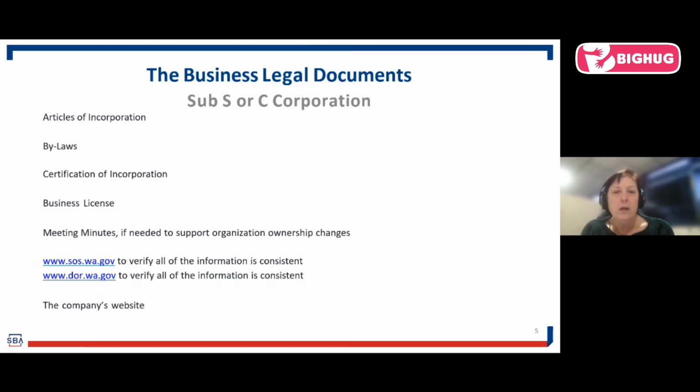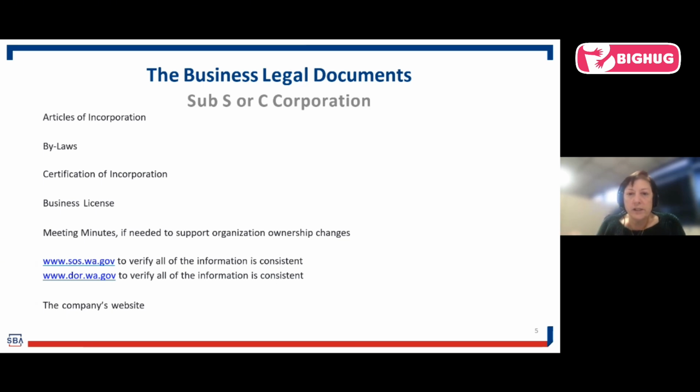All right. When you're looking at the business legal documents, this is really a key issue here. If you are a sub S or a C corporation, you should have developed articles of incorporation. The state of Washington only requires the articles of incorporation to be provided when you're going through the legalization process of getting your business set up.